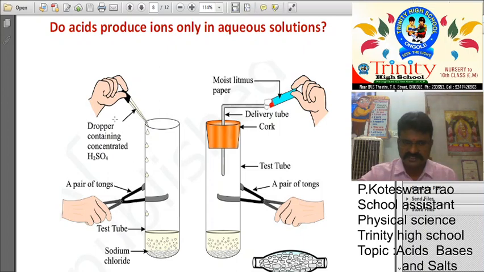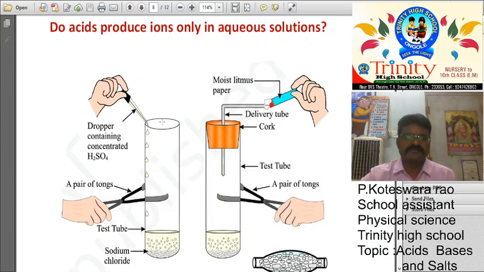Because we are using concentrated solutions, which are very dangerous, as we already told. We also use a dropper or a beaker or conical flask. Here we want to use a dropper, but in our textbook a conical flask is given. By using it we pour concentrated sulfuric acid dropwise.